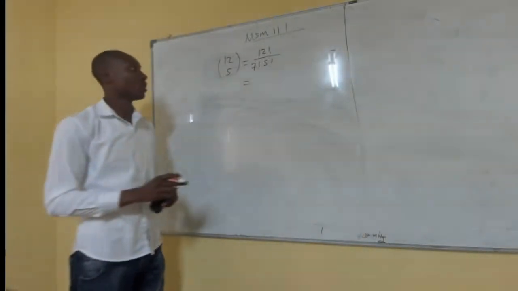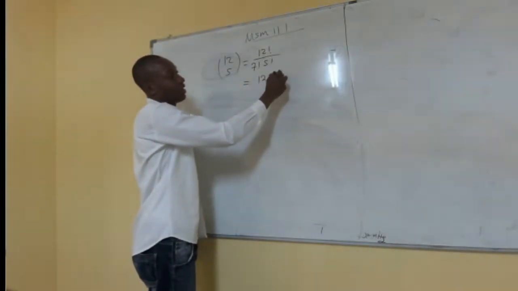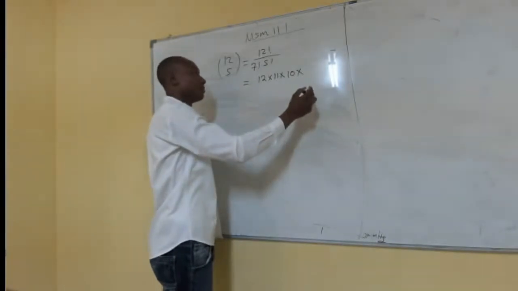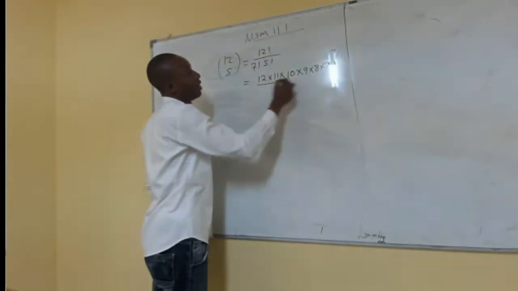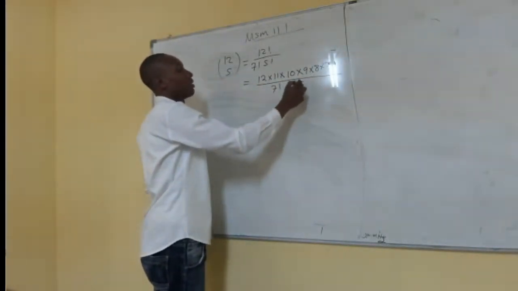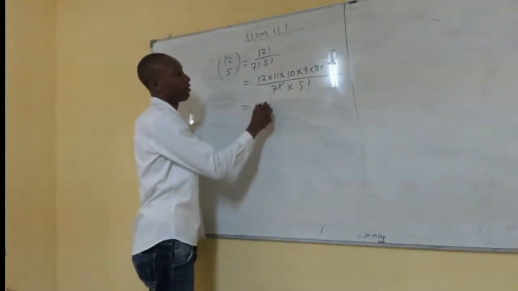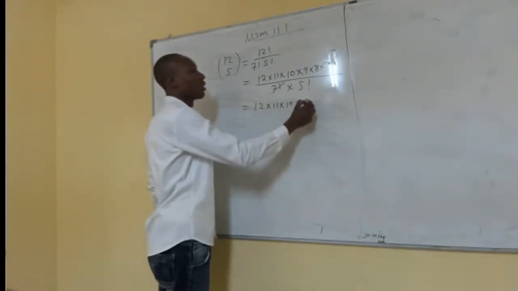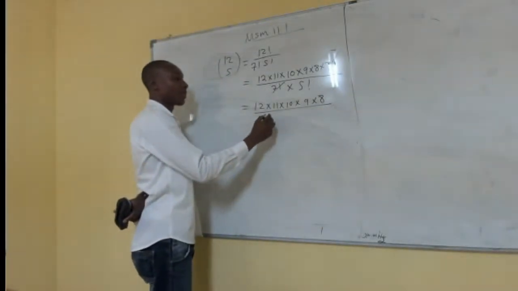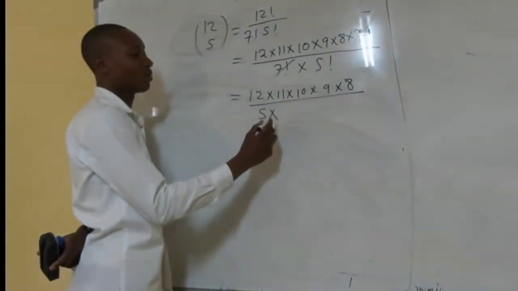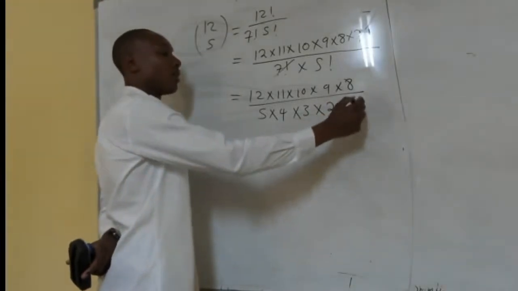So because of that, what we're going to do is say 12 times 11 times 10 times 9 times 8 up to 7, over 7 factorial times 5 factorial. Then this and this can cancel. But we know what 5 factorial is. 5 factorial is 5 times 4 times 3 times 2 times 1.